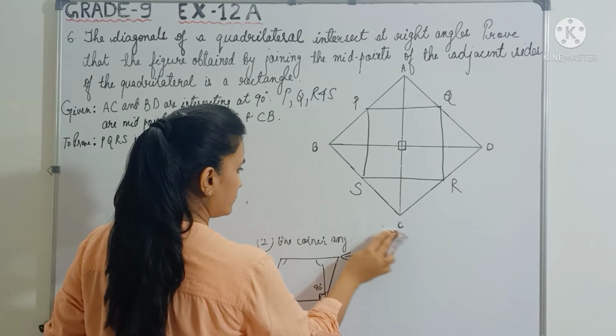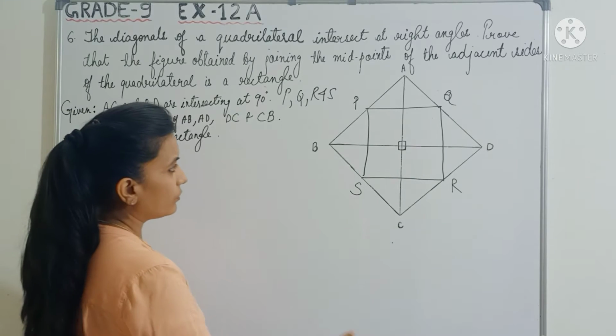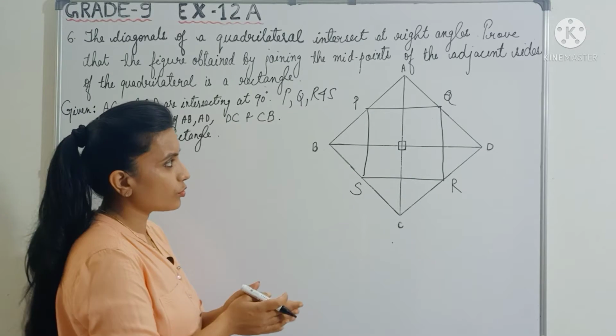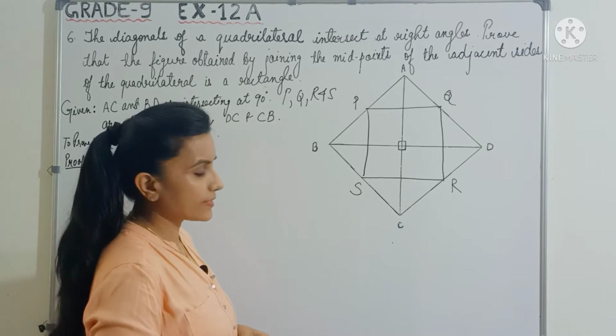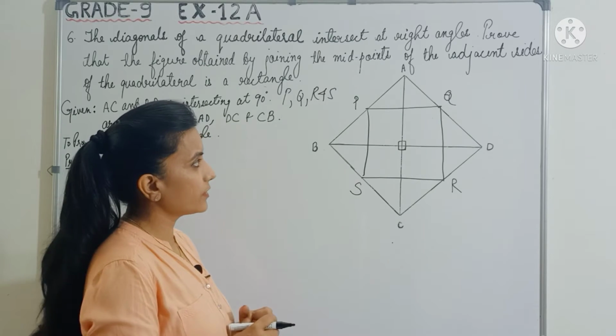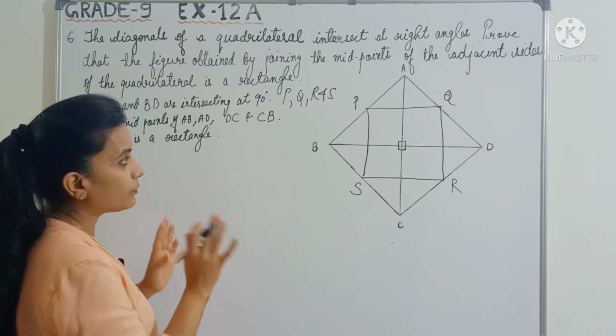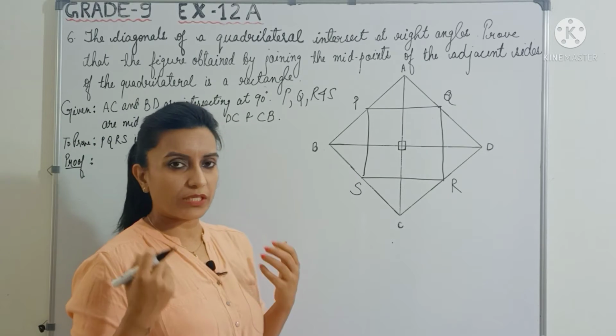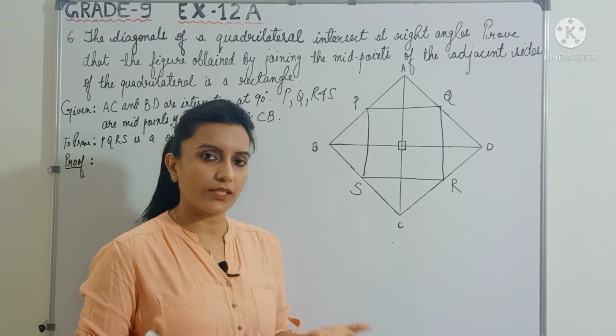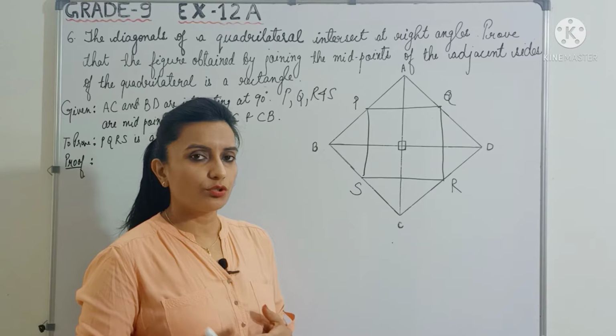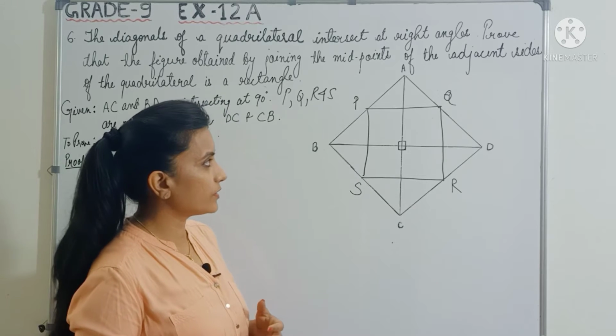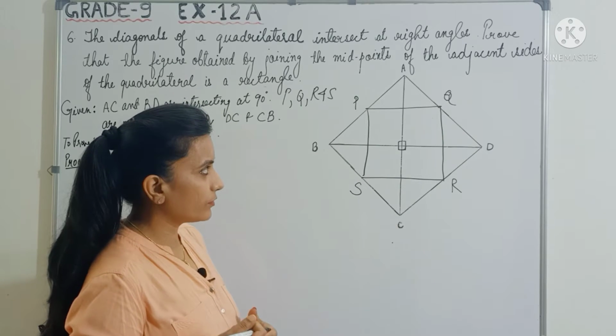So let's write down the proof. How do you show that PQRS is a parallelogram? Here in the question the midpoints are given. So whenever midpoints are given, you can use the midpoint theorem to show that the given quadrilateral is a parallelogram.